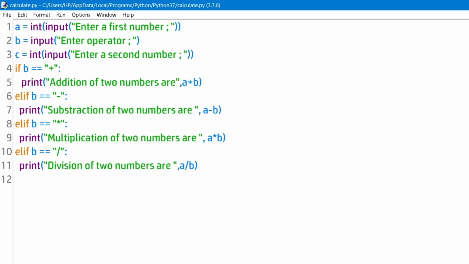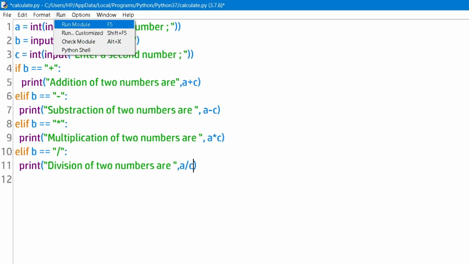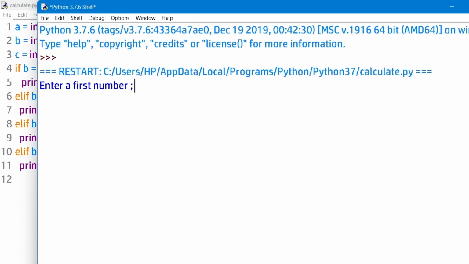We are taking the second number in c, and we have written b here. That's why it is giving an error. So we have to change it to c. Okay. Now it will run.